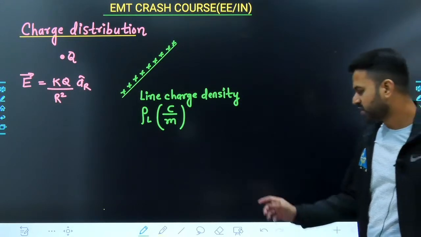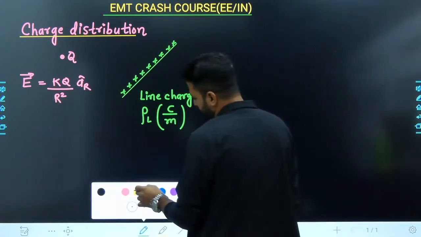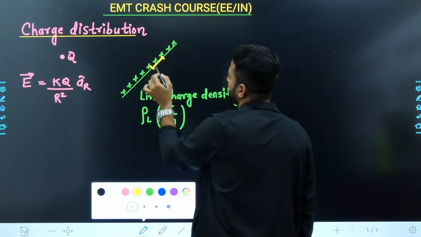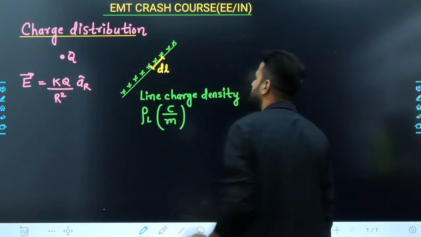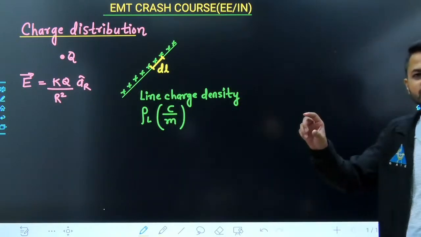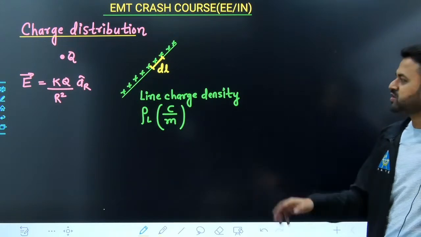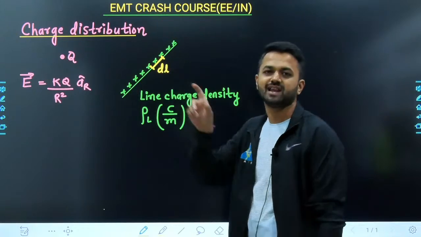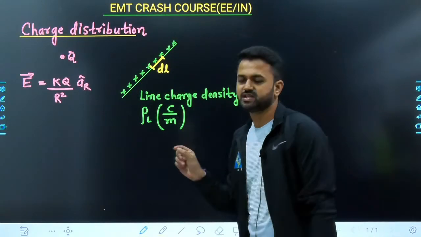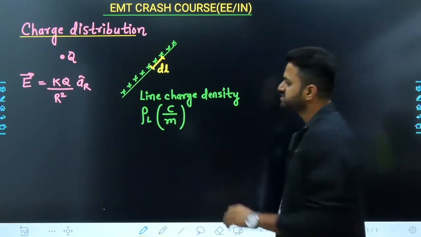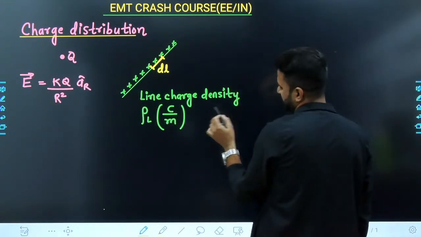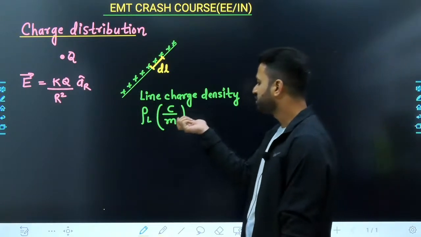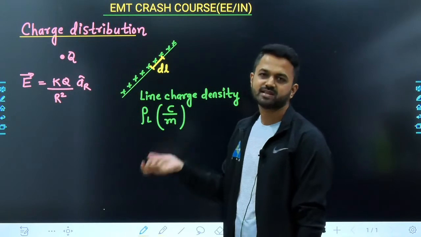So if you want to calculate the charge in a certain part of this line, say dl, in this small portion of the line, how can you calculate it? As you can see, line charge density is nothing but the charge per unit length. So if you multiply it by the length, you will get the charge.